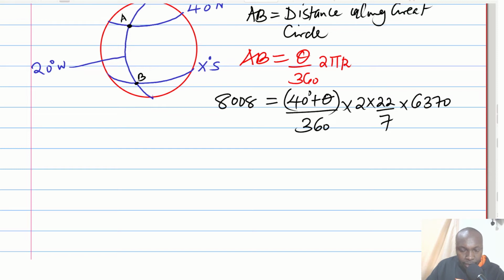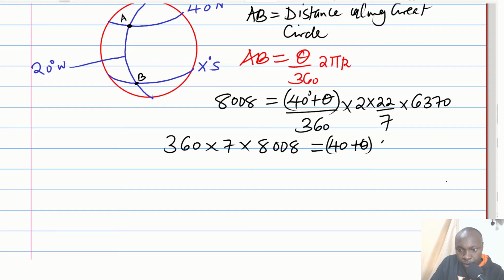First you have to multiply both sides by 360, multiply by 7, to get rid of the denominators. So on the left hand side you remain with 40 plus theta, then multiply by 2 times 22, we have already got rid of the 7, times 6370.